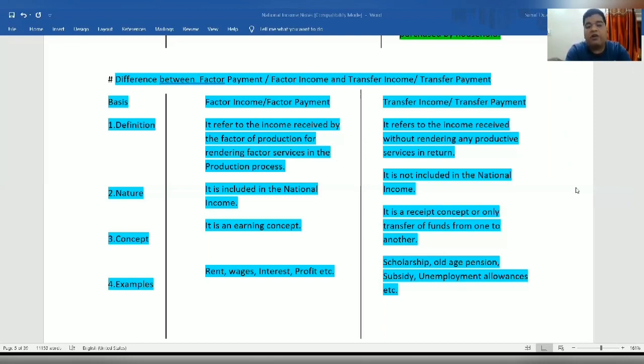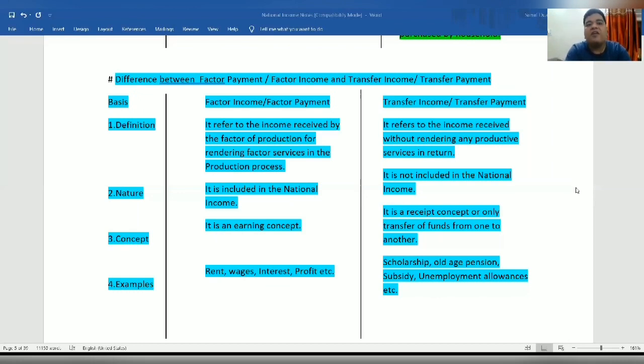The payment that we make to labor in the form of wages is called factor payment. The payment that the firm makes for rent on the building, that is factor payment. Interest on capital, that is a factor payment. So basically factor payment is given to the factor of production for rendering their productive services in the production process, that is basically called factor income.